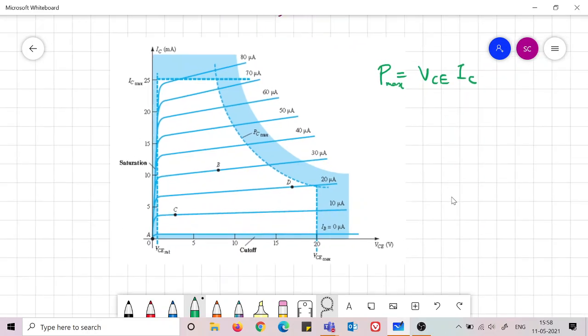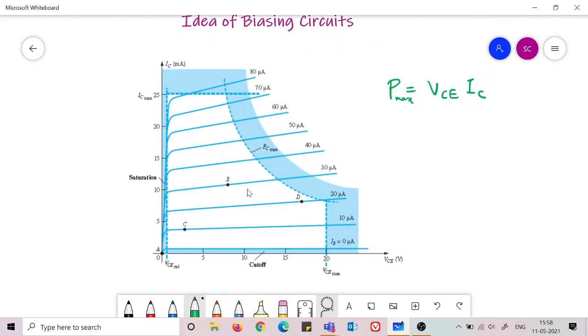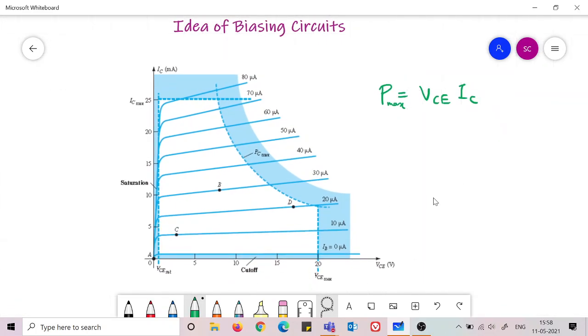Once we know where we have to put the Q point, we can employ the various different configurations which we will discuss in the next classes. So for today this is all. You have learnt common emitter, common base, common collector. What is common in them and what is different in them, you should be able to figure out and remember.